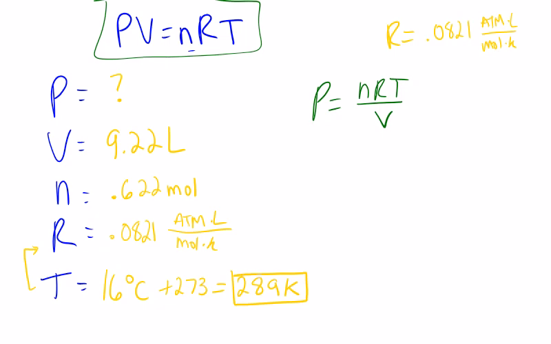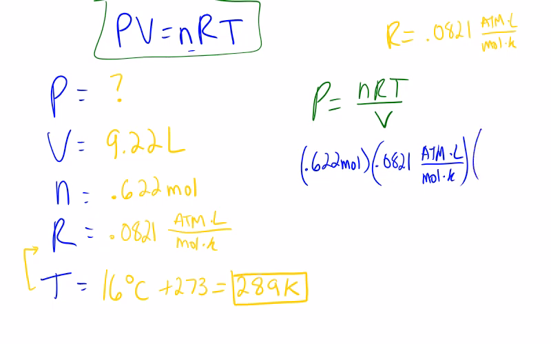So we've got n, which is 0.622 moles, multiplied by R, which is 0.0821 atmospheres times liters divided by moles times Kelvin. And lastly, we've got our T, which is 289 Kelvin. And on the bottom, that's going to be divided by our volume, which is 9.22 liters.